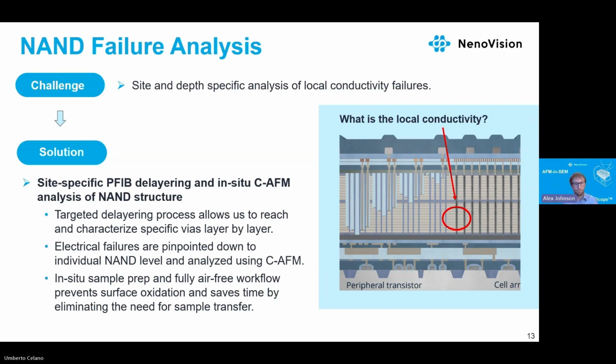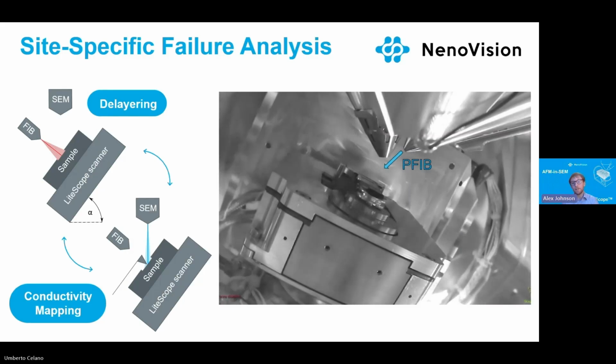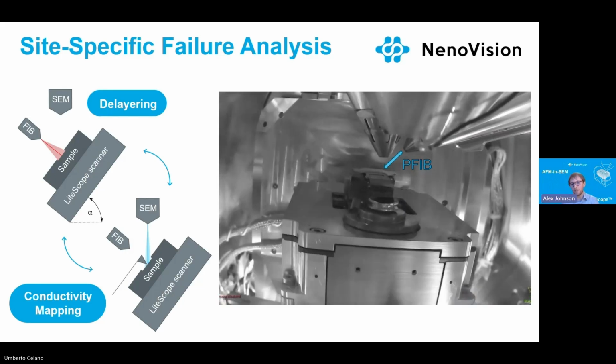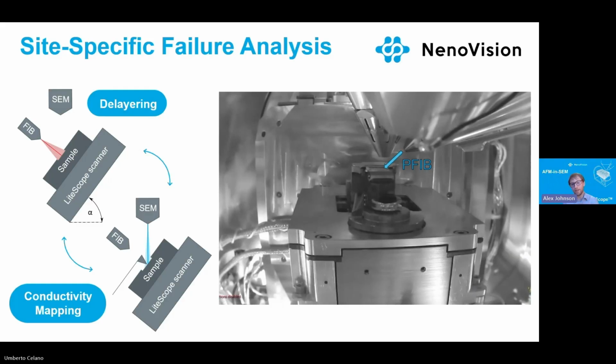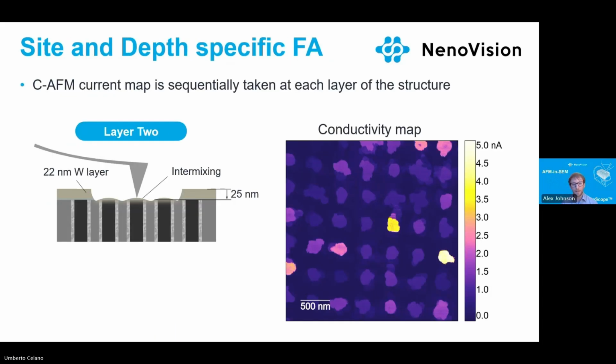And so here we can see the process. We do the PFIB delayering with the probe moved out of the way, docked away, and then we bring the probe in to do the conductivity mapping. And this can be an iterative process to do layer by layer, all within the same tool. So a seamless workflow. Here we see the effects of that.